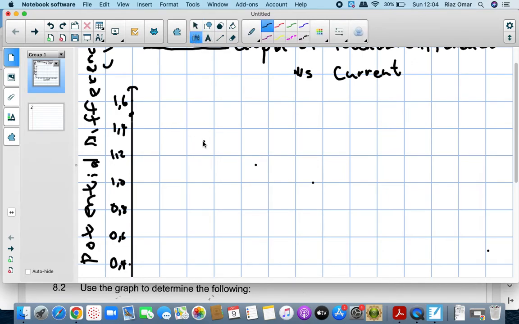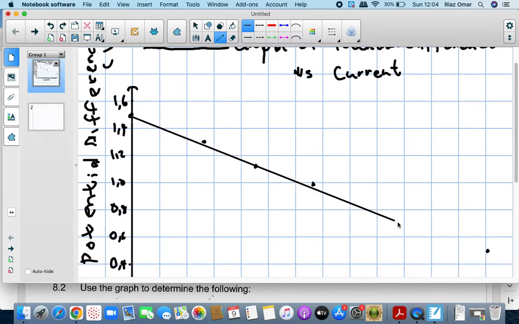Okay, let's see, maybe we'll come right. Line of best fit.